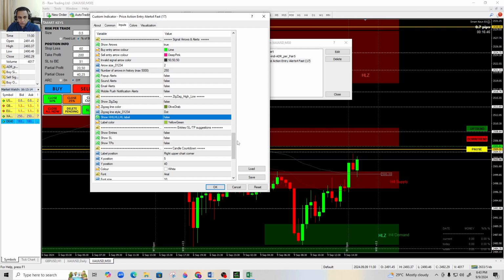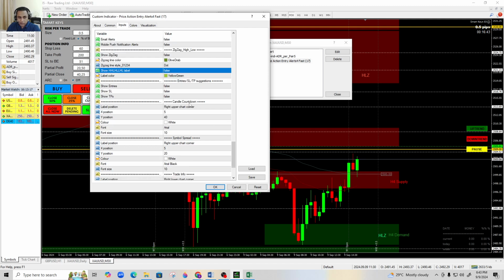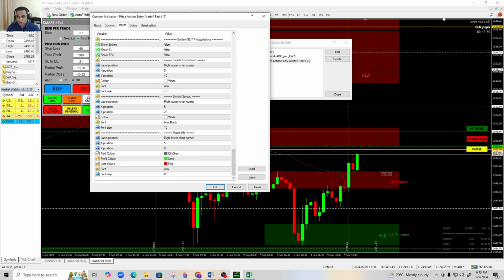It has a candle countdown that tells you how much time you have left until the current candle closes. It has symbol spread, which shows you the current spread of the instrument. It has a trade info display. If you don't want these, you can switch them all off. If you just change the color, they disappear off the chart.